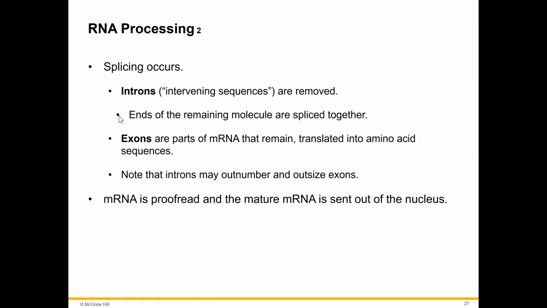So we need to cut out those introns and only leave exons as part of the messenger RNA. Note that introns may outnumber and outsize exons. So the messenger RNA is then proofread and the mature messenger RNA is sent out of the nucleus.